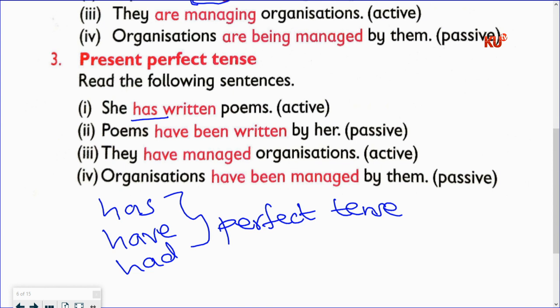When you see those three helping verbs, they indicate perfect tense. Has indicates present perfect, while had indicates past perfect.